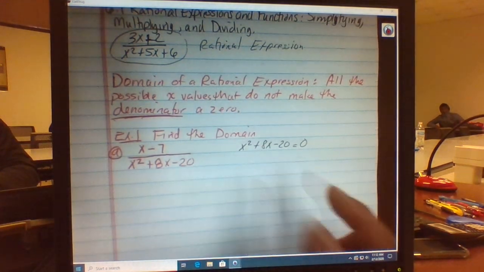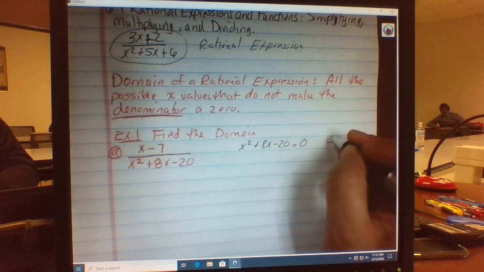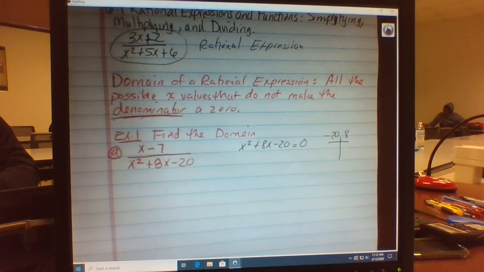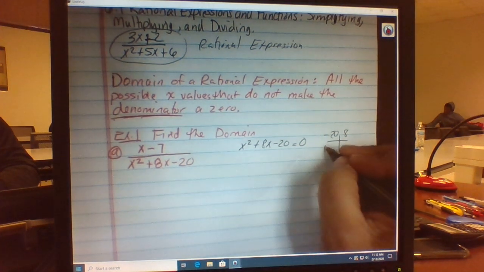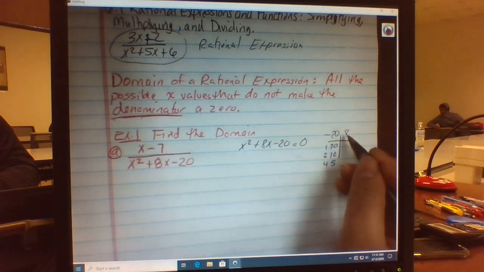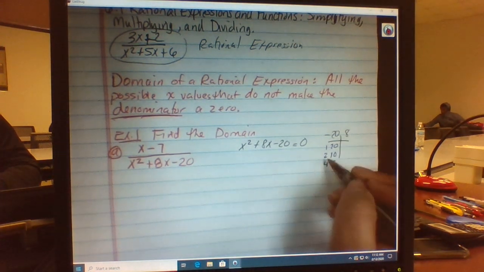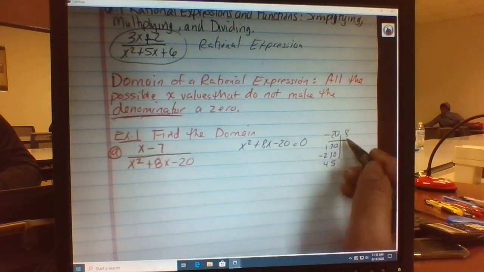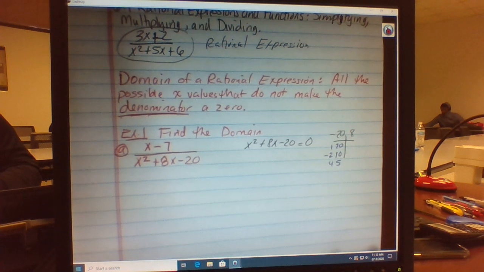So when you look at this, I'm looking for the numbers that multiply to a negative 20 and add up to 8. Then I have 1 and 20, 2 and 10, and 4 and 5. It's 10 and 2. One of them has to be a negative. It has to be the small one because your bigger number has to stay positive, right?